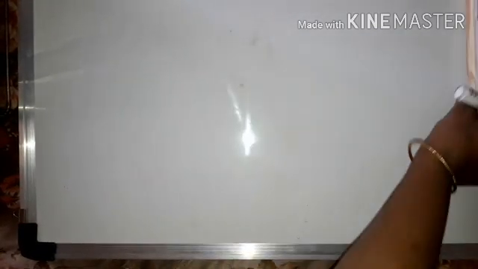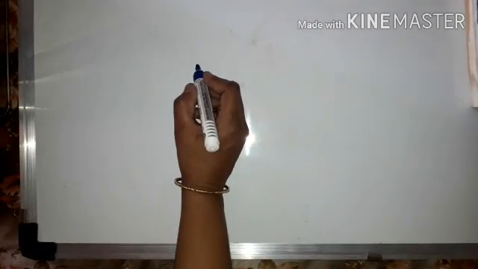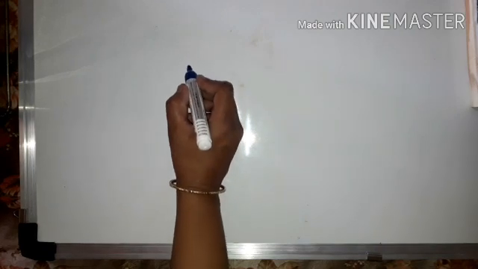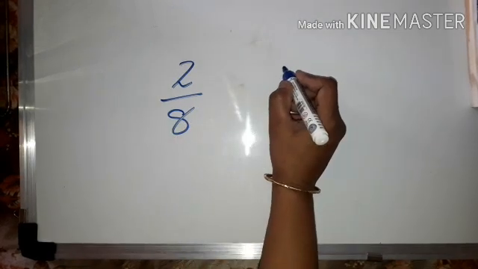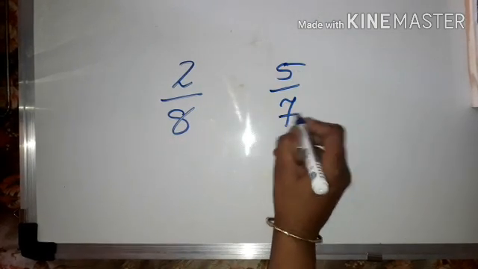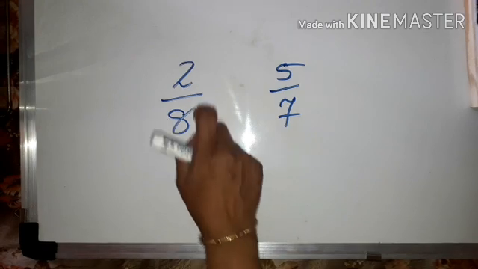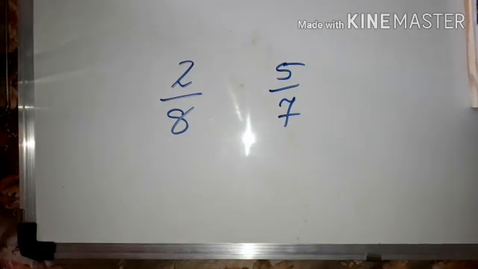Now whenever you have neither the numerators nor the denominators to be equal, then what you can do is, say you want to compare 2 by 8 and 5 by 7. Here you can see that neither the numerator nor the denominators are equal.